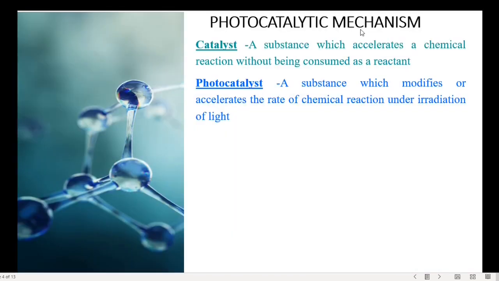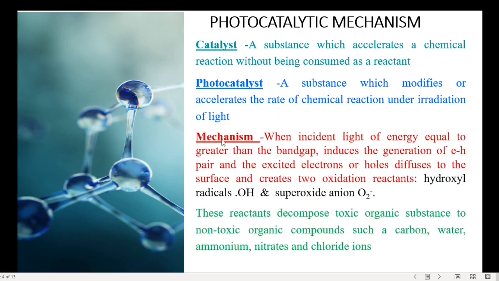A catalyst is defined as a substance which accelerates a chemical reaction without being consumed as a reactant. In such a way, the photocatalyst can be defined as a substance which modifies or accelerates the rate of a chemical reaction under irradiation of light. Thus, the photocatalyst mechanism is when the incident light of energy is equal to or greater than the band gap energy.